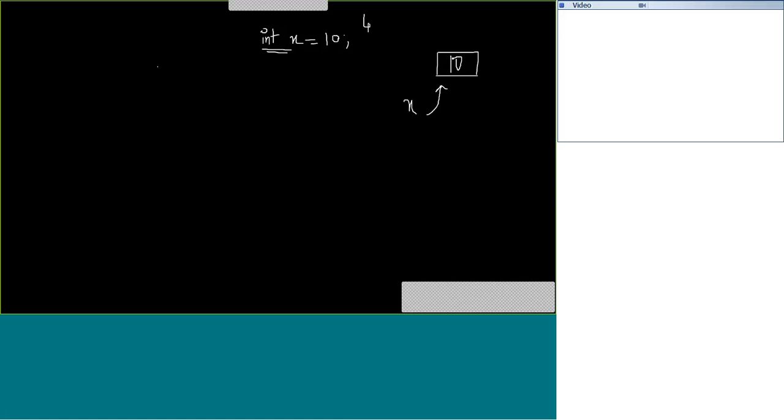So let's say if I change the value, x is equal to 25, for example, the value here will be changed to 25 internally. So you can change it any number of times. The same memory slot will be used, and the value inside that will be changed.